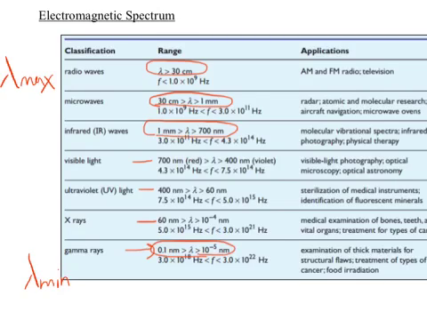Now what you'll notice as well is that the inverse relationship exists for frequency. Look at the bottom of the chart here. The frequencies are on the order of 3 times 10 to the 22nd hertz, whereas here they're on the order of 1 times 10 to the 9 hertz. So this is an omega min, and this is an omega max.